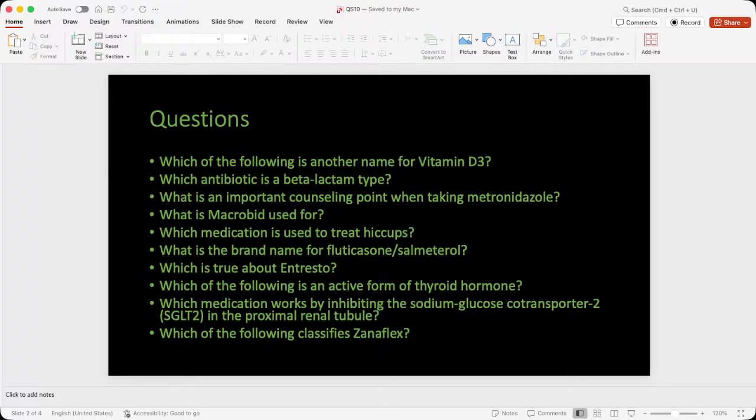And then the next one here is about the thyroid hormone. Thyroid hormones come in two different forms: T4 and T3. When you're talking about the active form, T4 is actually the prohormone, kind of like a prodrug, so T3 is going to be the active form.